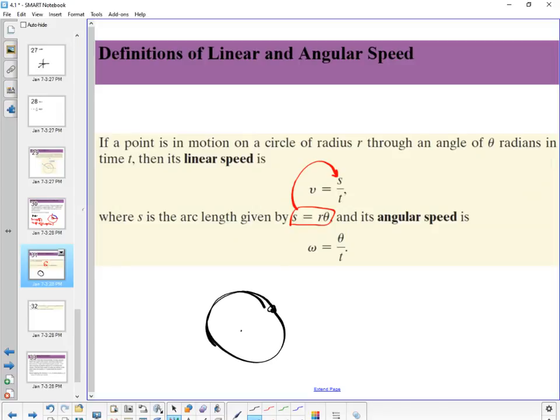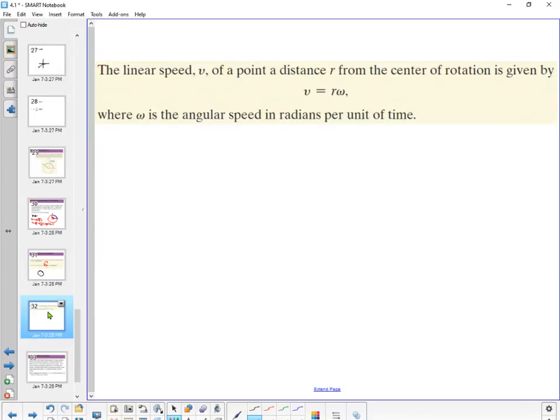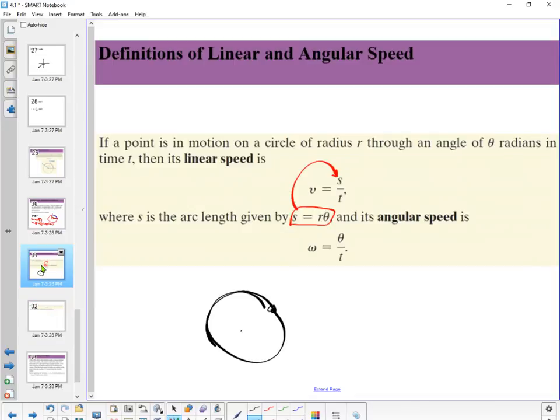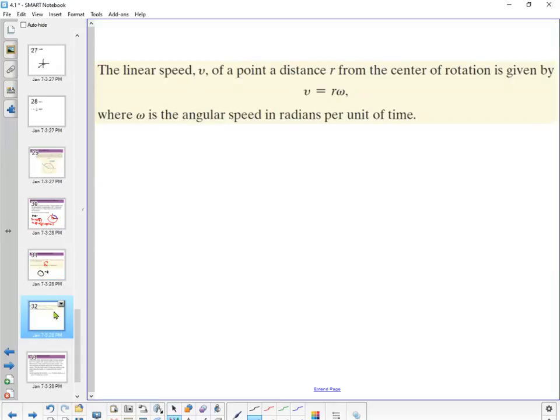V equals R W. So this is V equals S over T, where S is the arc length, which is this formula. The angular speed is going to be theta over T. The linear speed V of a point at distance R from the center of rotation.